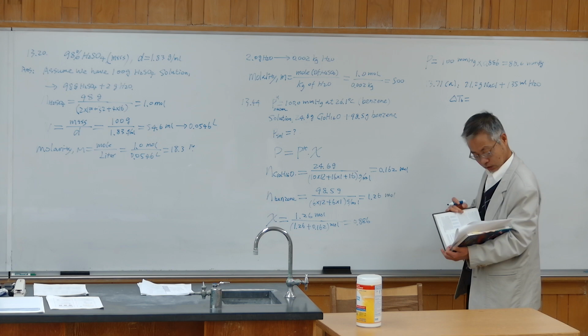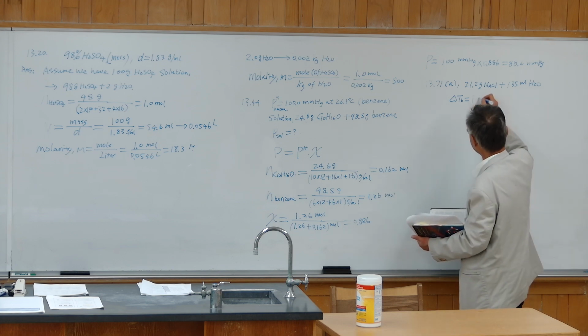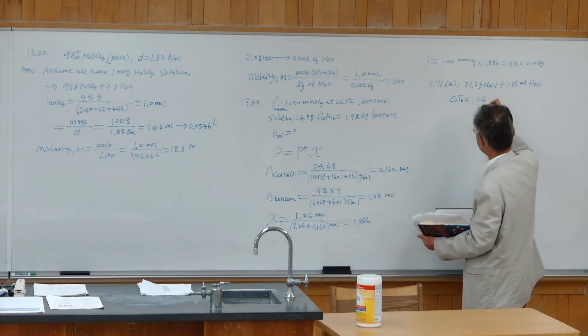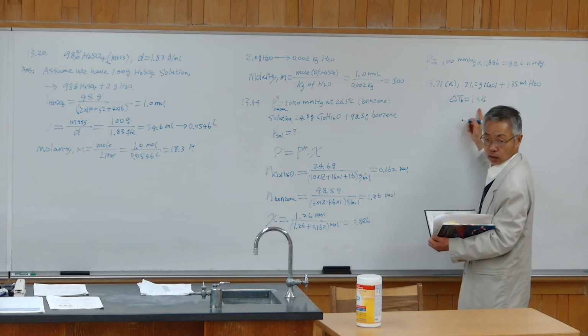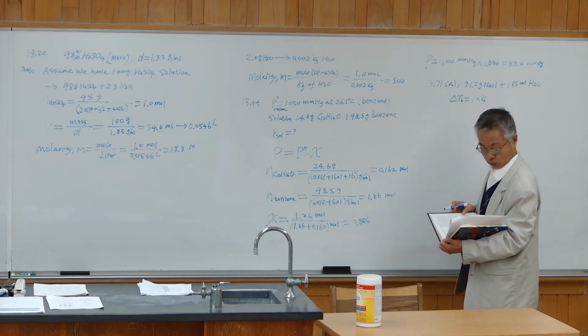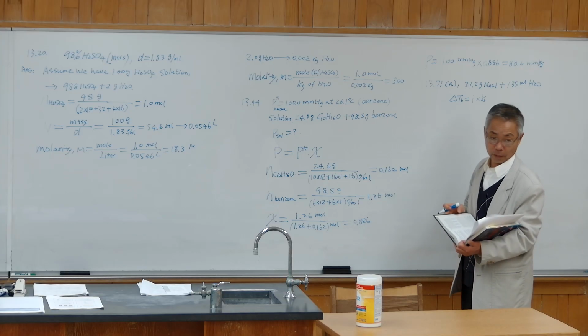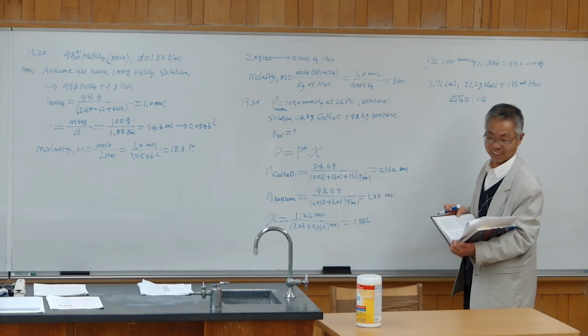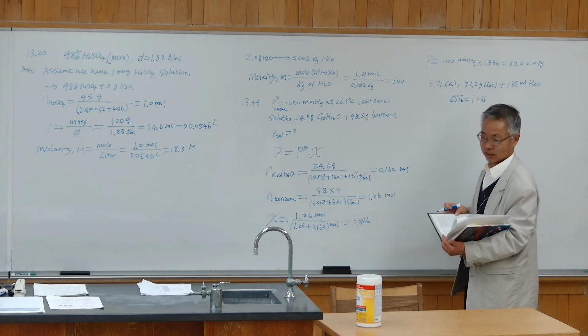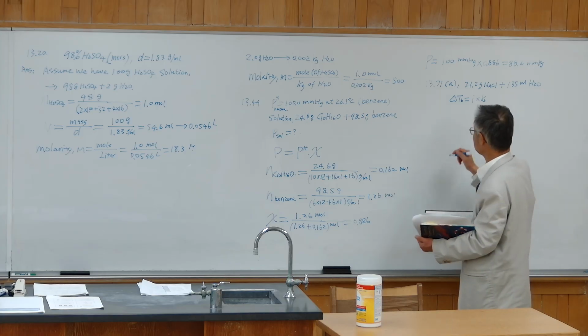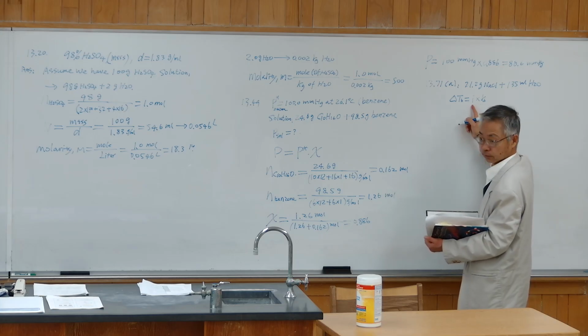What is the formula? Delta TB equals i times Kb. Kb is a constant. For water, Kb is 0.52. I will provide you a table during the test, for Kb and Kf. So what is i?